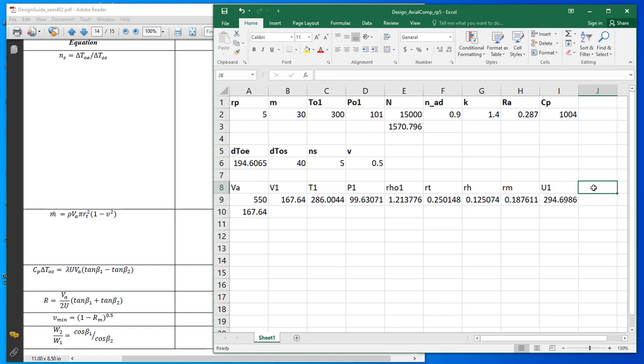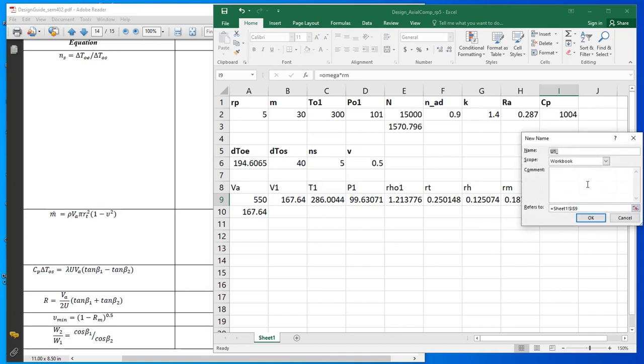So our beta 1 is equal to a tan u1 divided by v1, and v1 underscore meter per second, and u1 has not been defined, so let's define u1 meter per second.